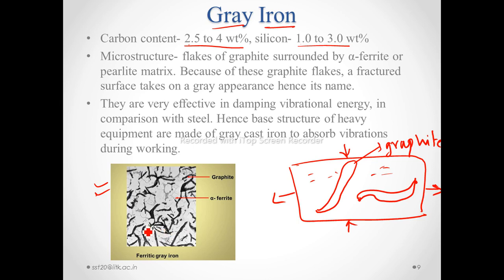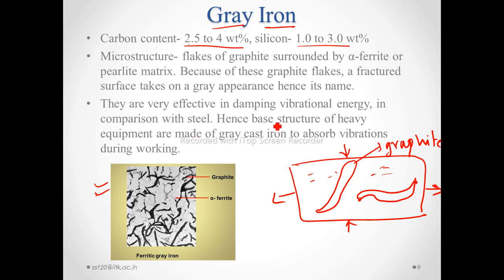The strength and ductility are much higher under the compression load. And hence, due to this unique property, they are used in damping of vibrational energy in comparison to steel.